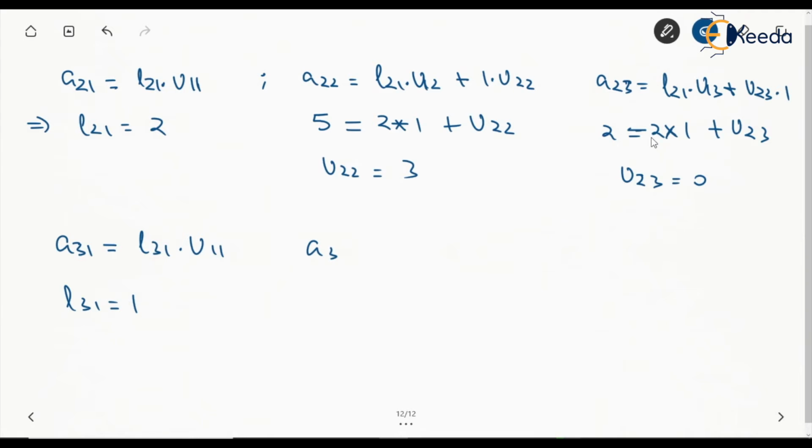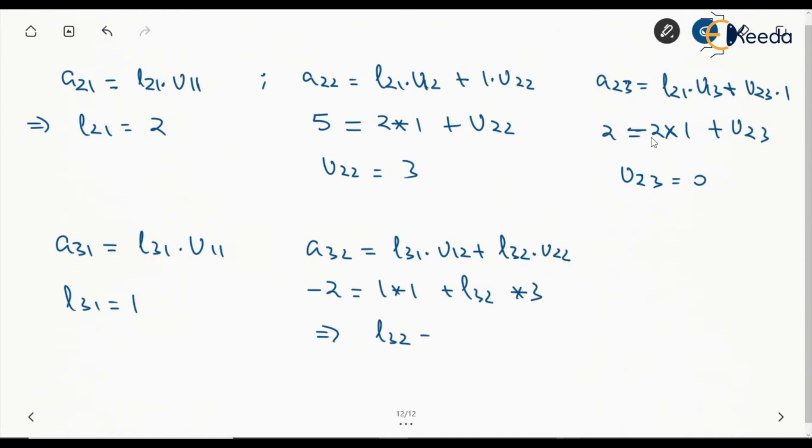Next is A32 equal to L31 into U12 plus L32 into U22. Putting all the values we have already found, like L31 is also found now. A32 is minus 2, so minus 2 is equal to 1 into 1 plus L32 into 3, and this gives L32 equal to minus 1.